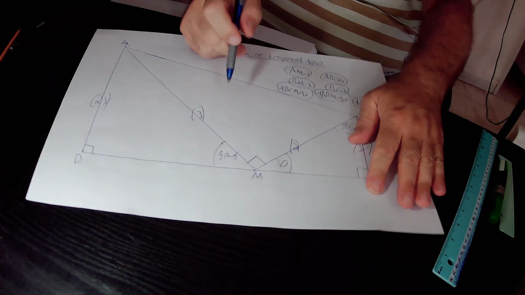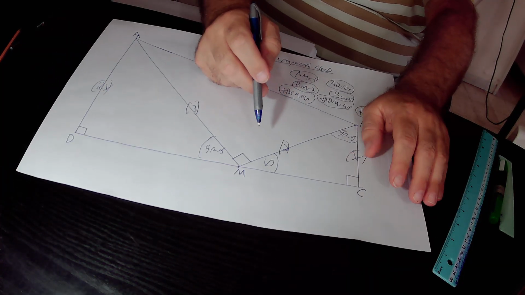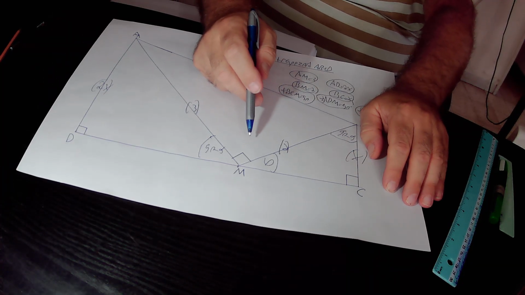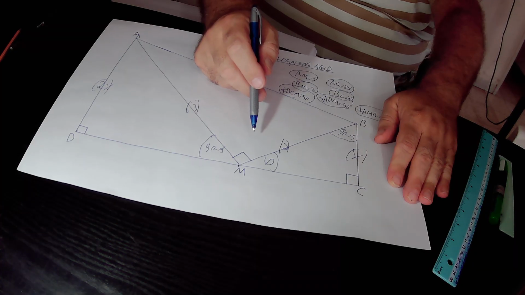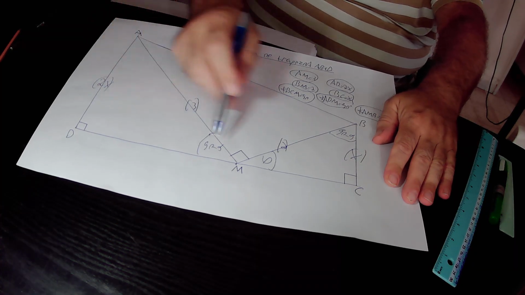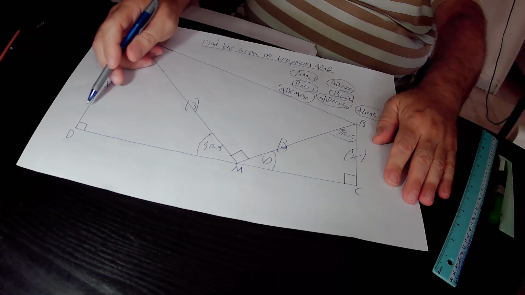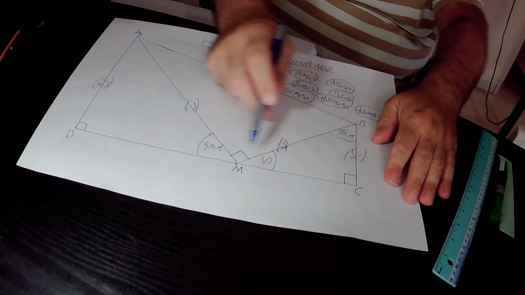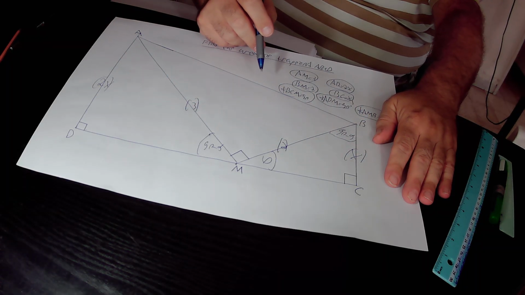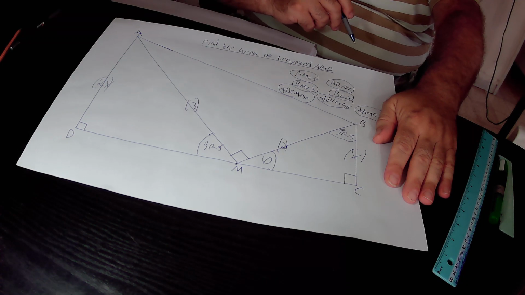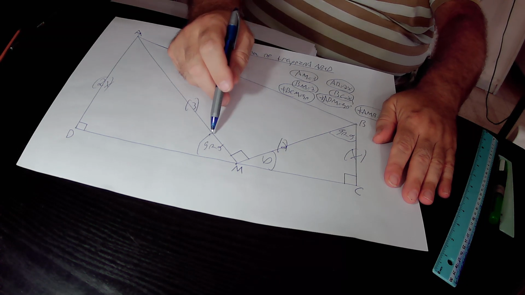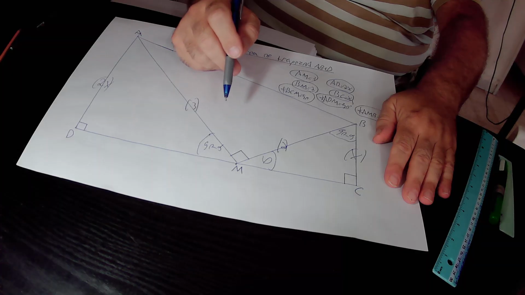Because 90 degrees minus alpha plus alpha is 90 degrees, and 90 degrees plus 90 degrees is equal to 180 degrees. That is the sum of the angles on the upper side of the straight line DC at point M, exactly according to rule 3. Therefore, this missing angle must be equal to 90 degrees minus alpha.